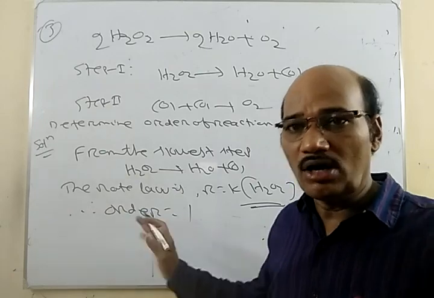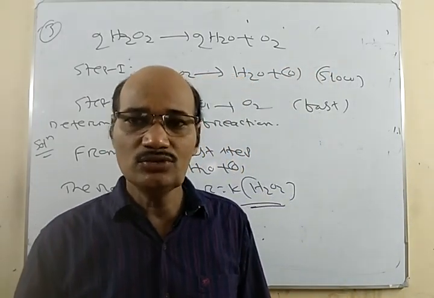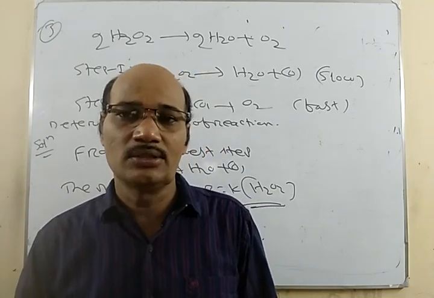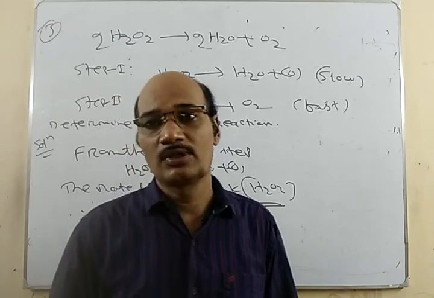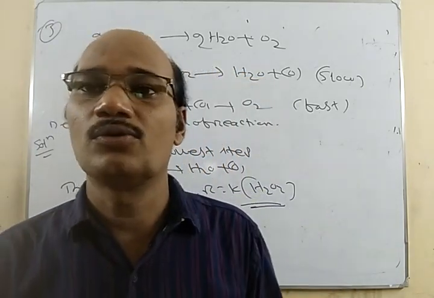So these are all about the order and molecularity of a particular chemical reaction. In the next class we will also discuss the integrated rate expressions for reactions of first order as well as second order. Okay, thank you.